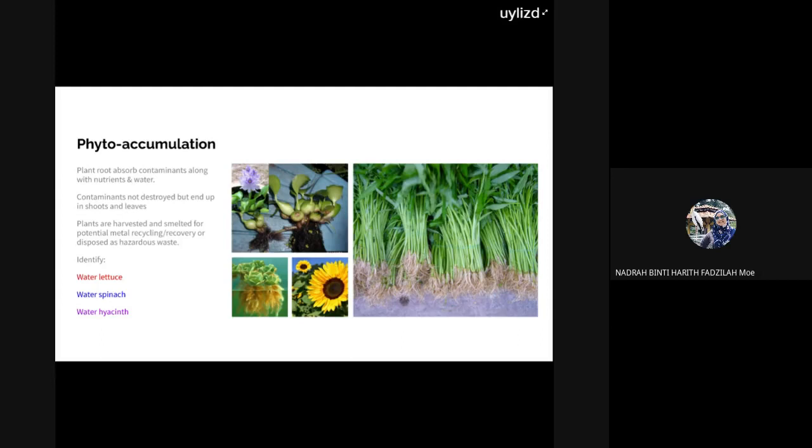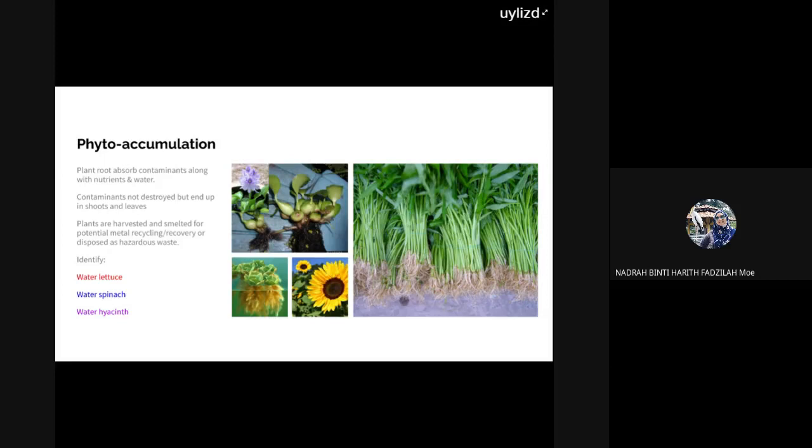And then another example is water spinach. Gambar tumbuhan terapung tu water spinach. And then also another example from our textbook is sunflower lah. So only sunflower has the ability to accumulate radiation, for example radiation from cesium and strontium.